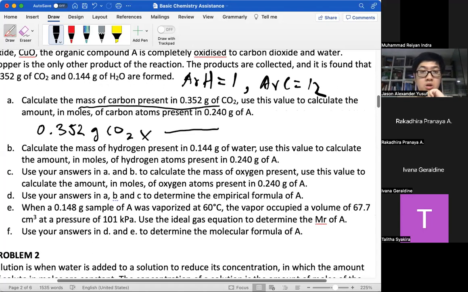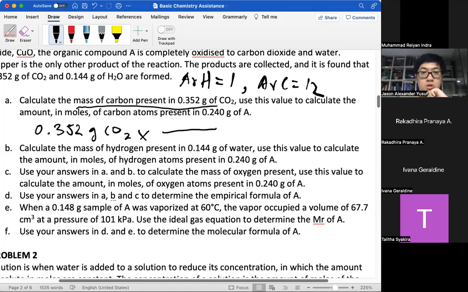As I was saying before, this is the data that we're going to use, and the AR of oxygen is 16.